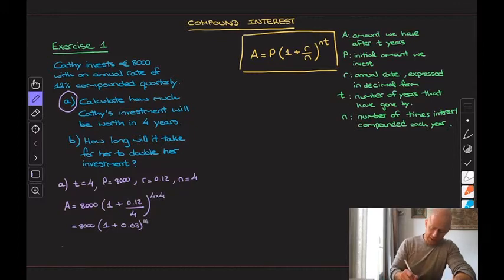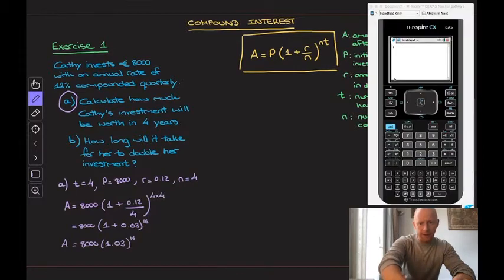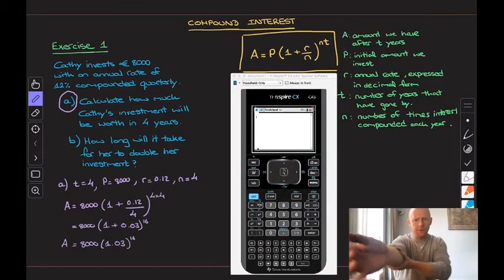And that quickly leads to A equals 8,000 times 1.03 raised to the power of 16. Okay? At this stage, we get our calculators. So I'll just make my calculator appear here. There it is. And yeah, that should fit right there, I believe. Yeah, that's not too bad.